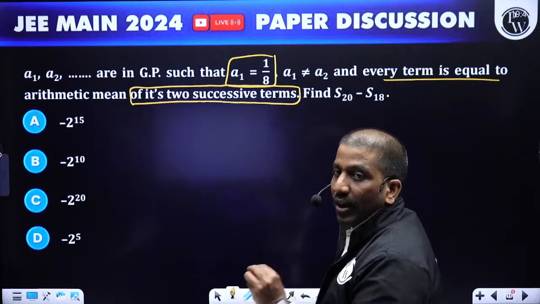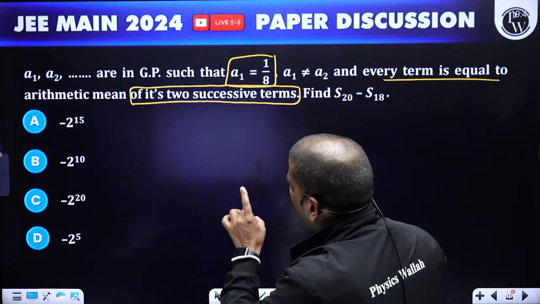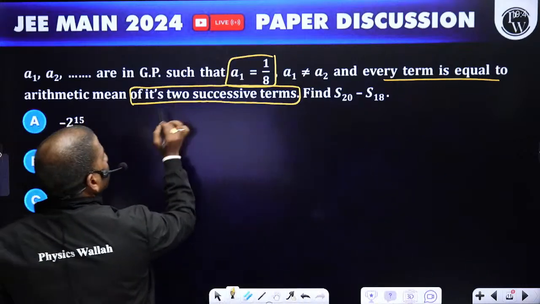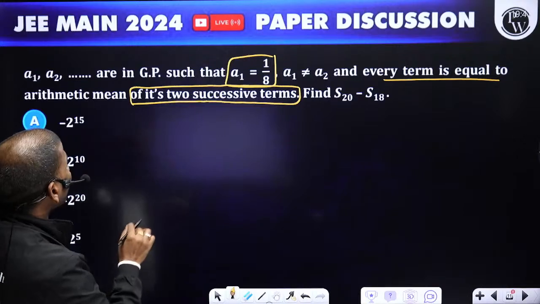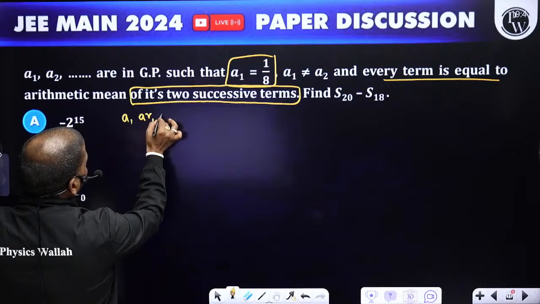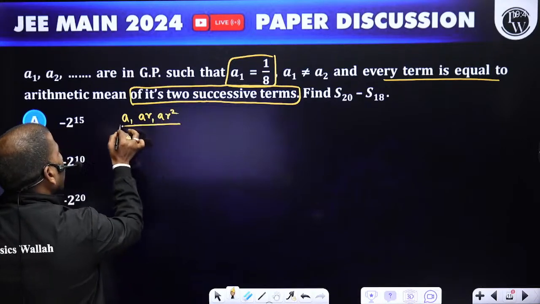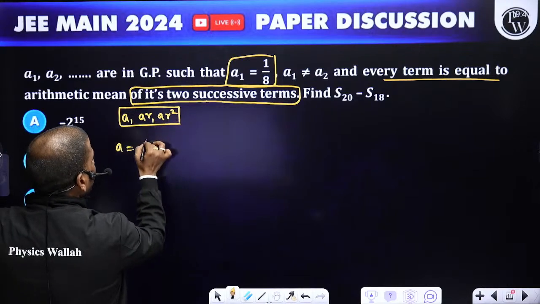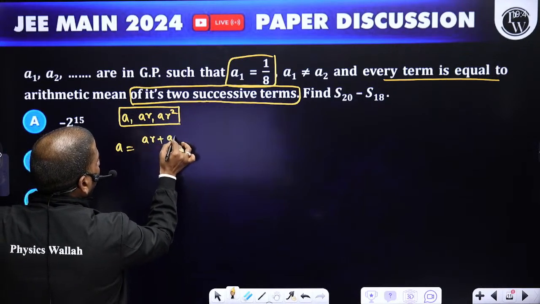Here, for example, A, AR, AR square are three consecutive terms. So A is equal to the arithmetic mean of AR and AR square.